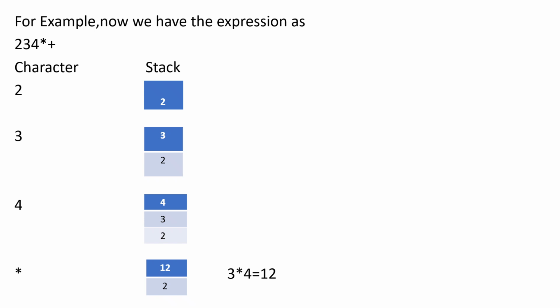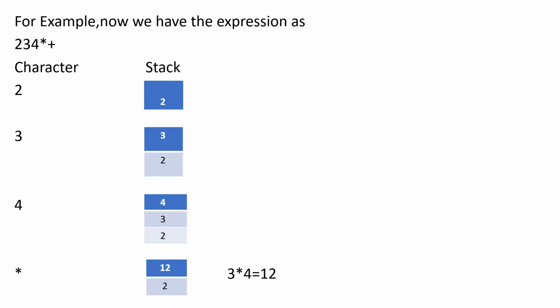The first popped operand 4 will be placed in the second position and the second popped operand in the first position. Since the operator is star, the star operator is placed in between these operands and the multiplication operation is performed. So 3 into 4, 12. This result 12 will be pushed back into the stack.